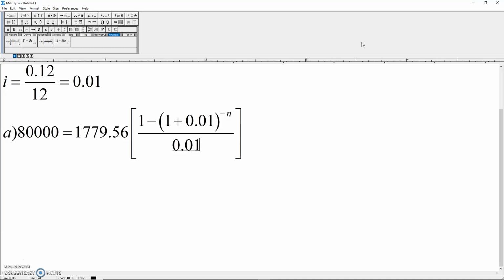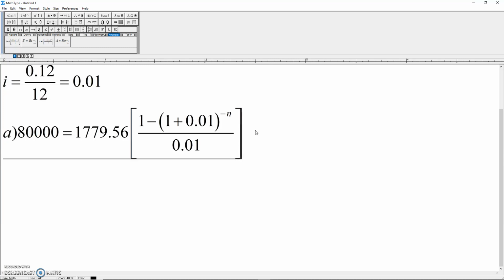After we substitute every available piece of information, that leaves us with N. As you know, when the unknown value is in the power, please expect to use log later to answer the question. Now let's see how to answer it.